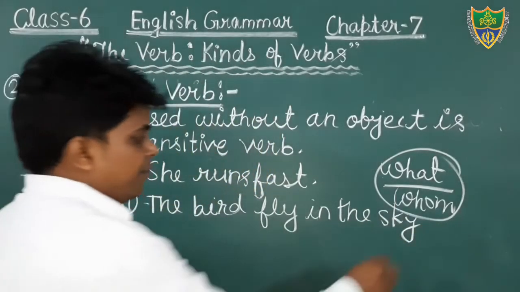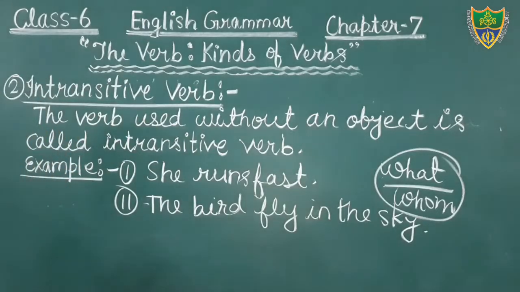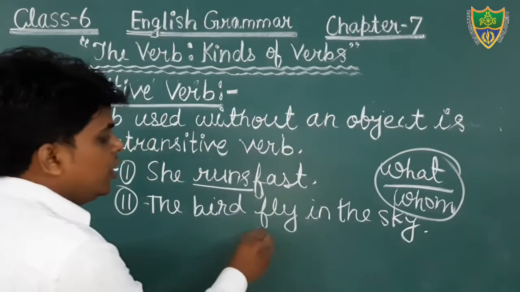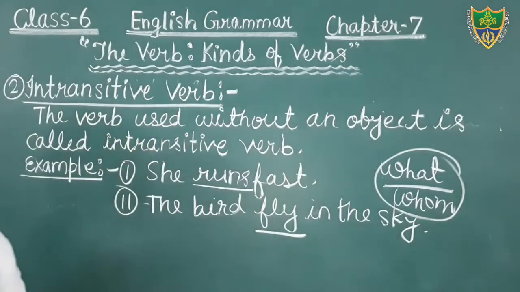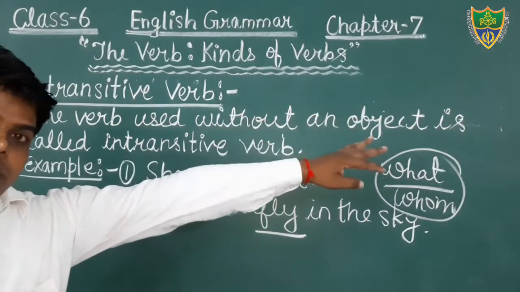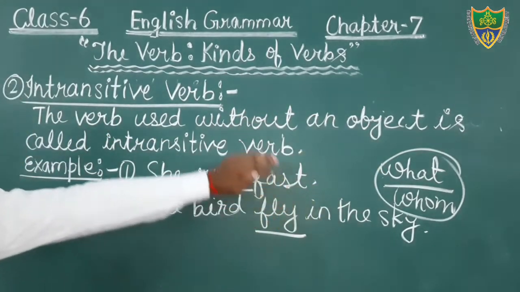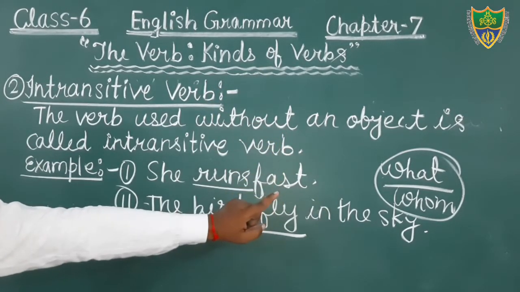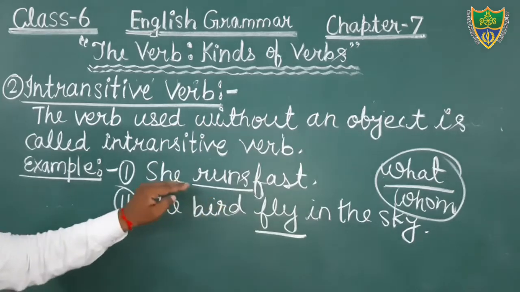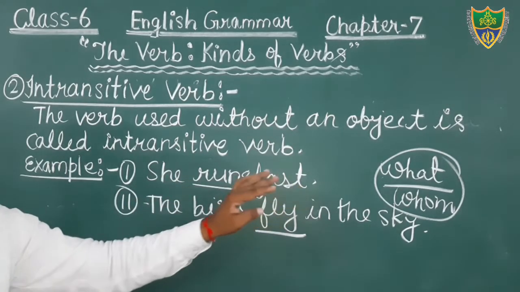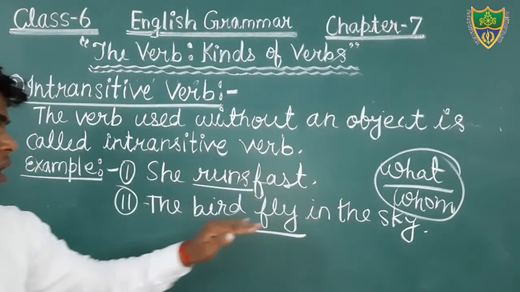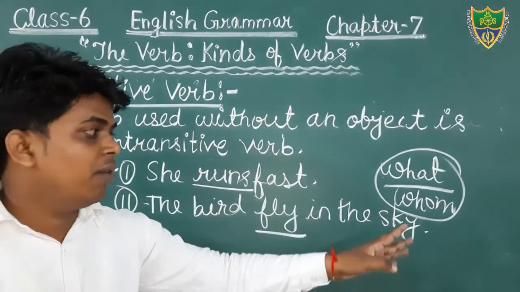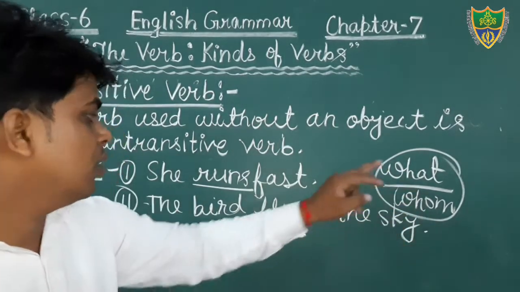Here again, that is an intransitive verb, because we are not getting the object. It does not require an object to complete the sentence. She runs fast. Here there is no object. Here the bird flies in the sky. There is no object.